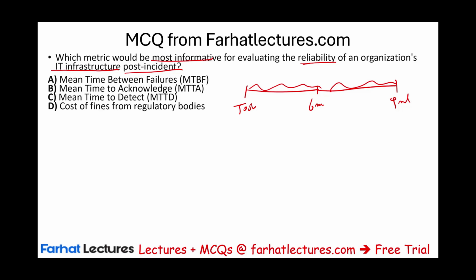Does this tell us something about the reliability of the infrastructure post-incident? Yes. If the infrastructure is good, those averages should extend from 6 months, for example, to a year the next time, because we learned. Then hopefully if it happens after a year, next time we'll extend it to 2 years. So this is a potentially good answer.